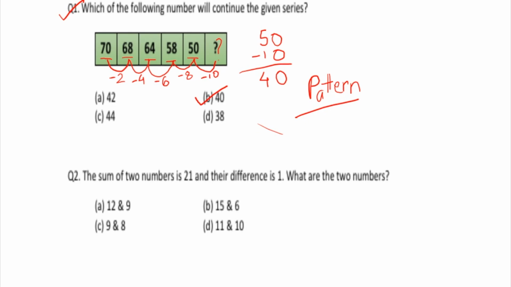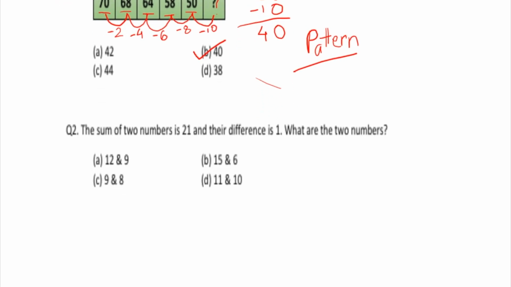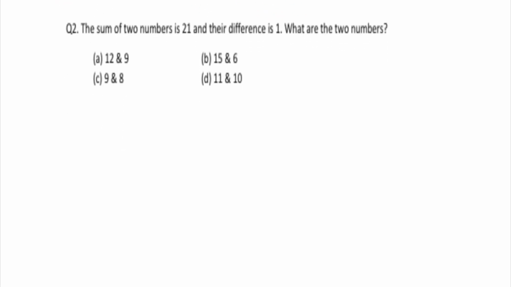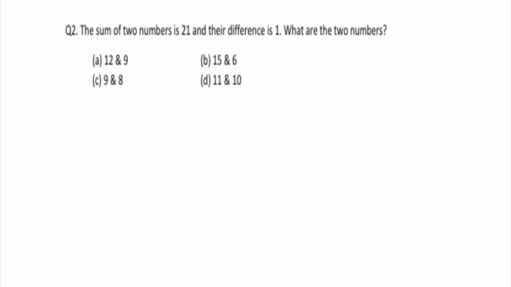Okay, did you understand? Okay, now let's see number 2. The question says the sum of two numbers is 21 and the difference is 1. What are the two numbers? So let's try to solve this question from the given options.